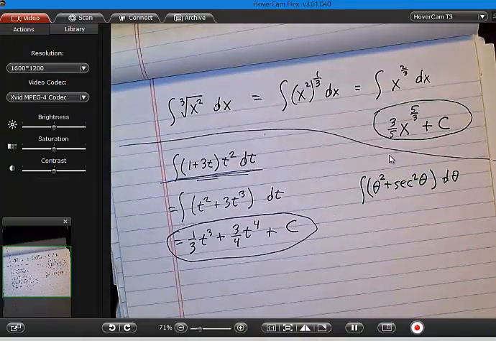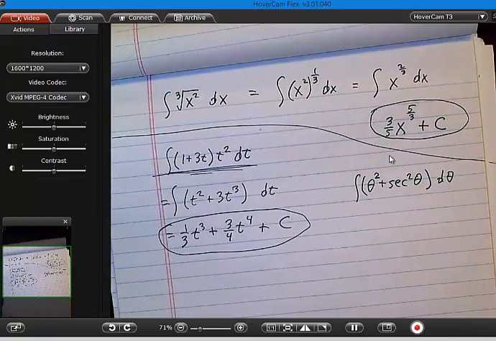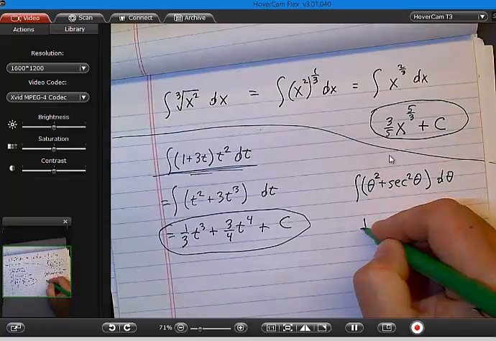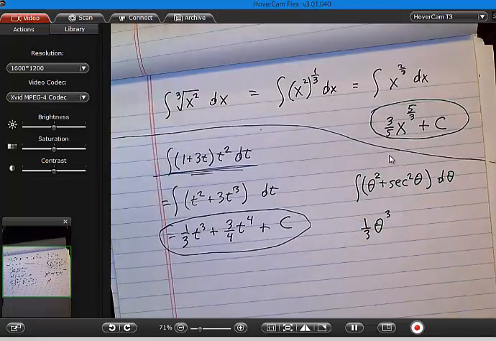So what would be the antiderivative of theta squared? No takers. 1/3 theta. Good. 1/3 theta cubed. Okay?